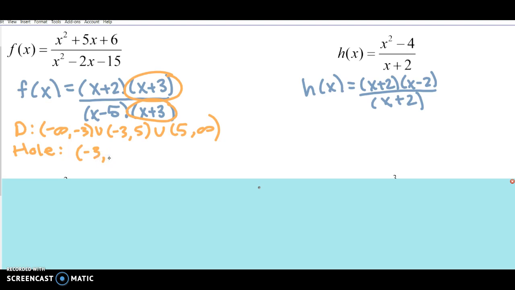We want to figure out the y value at that spot. To do that, we plug -3 into x for what's remaining. So I get -3 plus 2, which is -1, over -3 minus 5, which is -8. So we get 1/8.